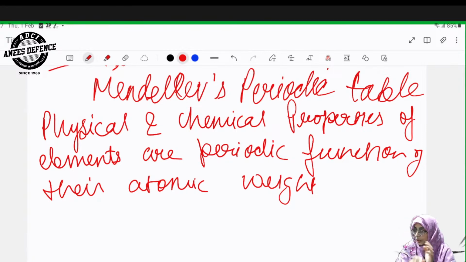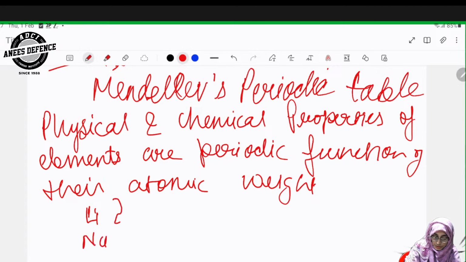Periodicity means repetition. Like the elements of group first, suppose lithium; after repeating, there is sodium. So this is the repetition of the properties. The physical and chemical properties of the elements are being repeated after a fixed interval.